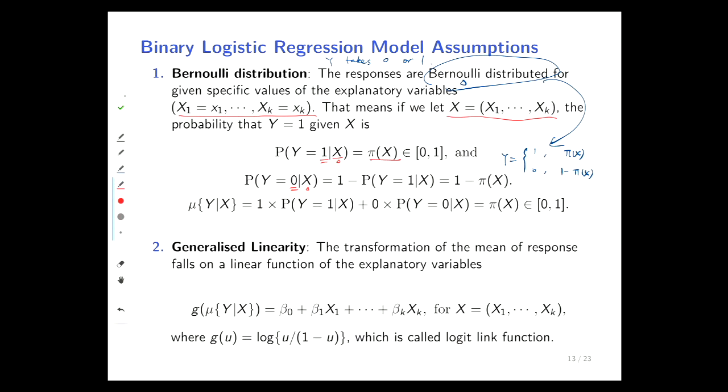And this probability is between 0 and 1 because it's a probability. Also, based on pi(x), we can compute the probability that y equals 0. What's the probability that y equals 0? That's 1 minus the probability that y equals 1. So we have 1 minus pi(x) as the probability that y equals 0.